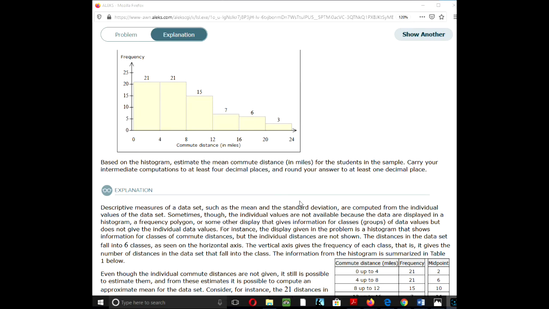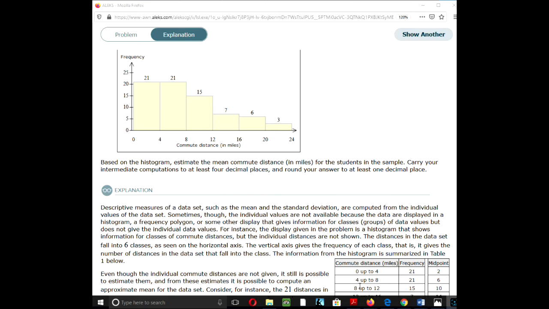However, we can use the midpoint of each interval to come up with the answer. As we can see, for the commute distance of 0 to 4 miles, the midpoint is 2.